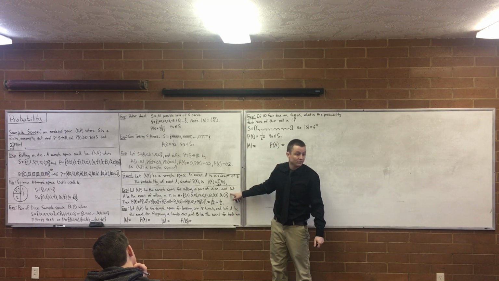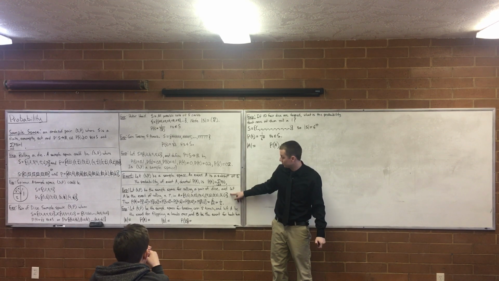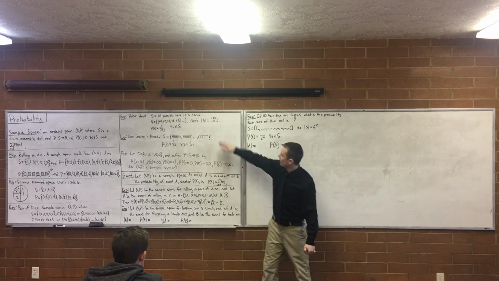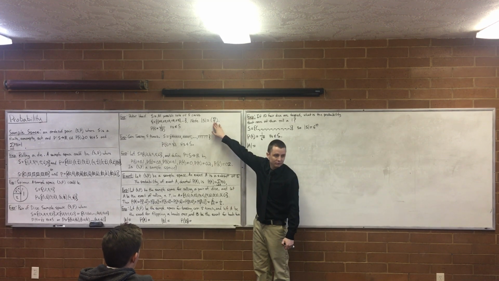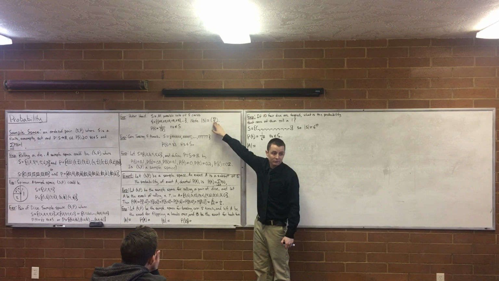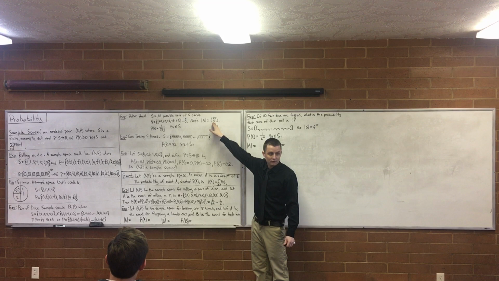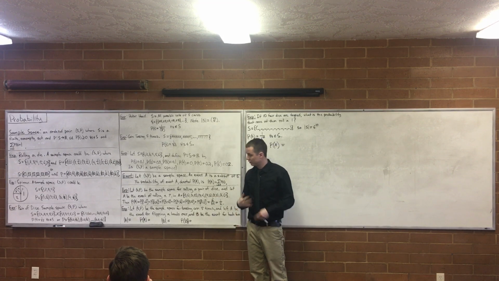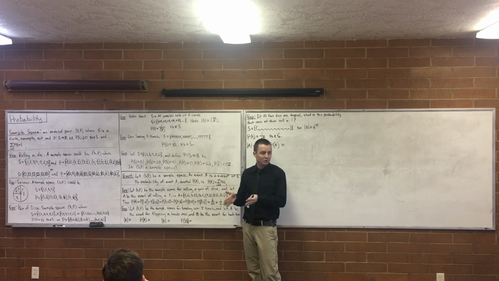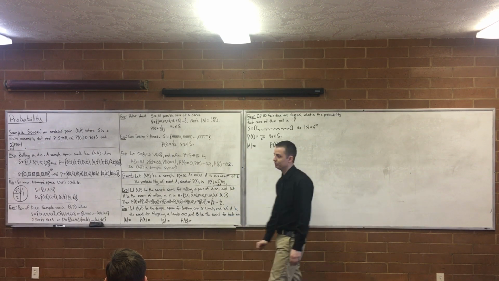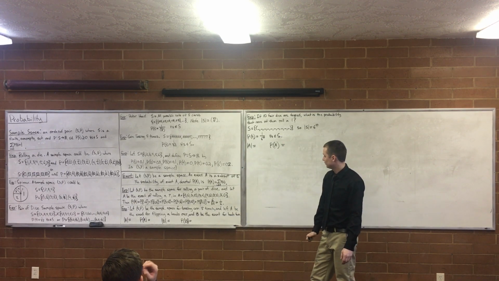We counted the size of A and then multiplied it by the probability of each outcome. So it's just a matter of whether you can find a clever way to count. It's just like how we've been counting. Count it however you can, whichever way makes sense to you. It is what it is.